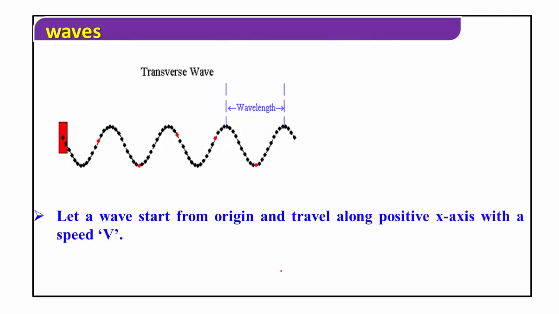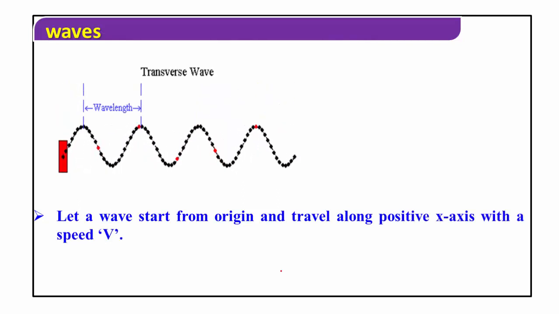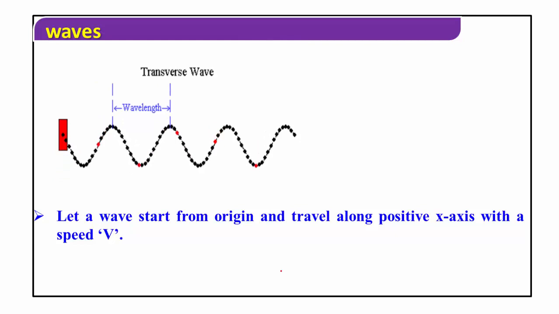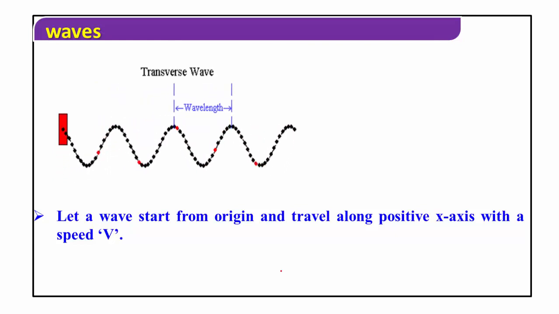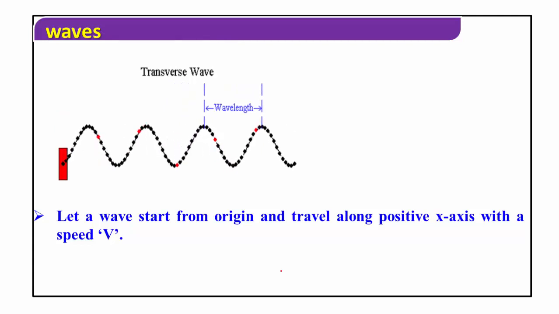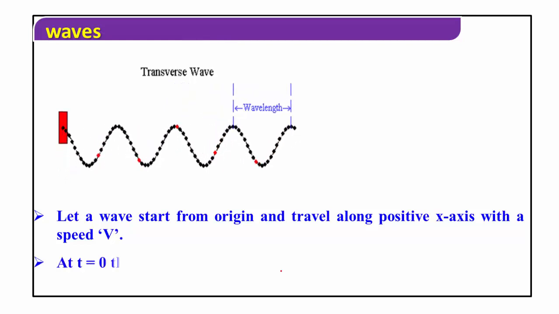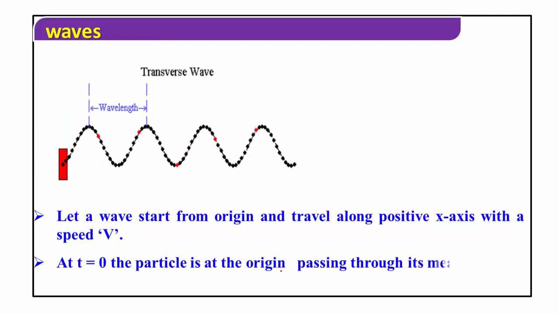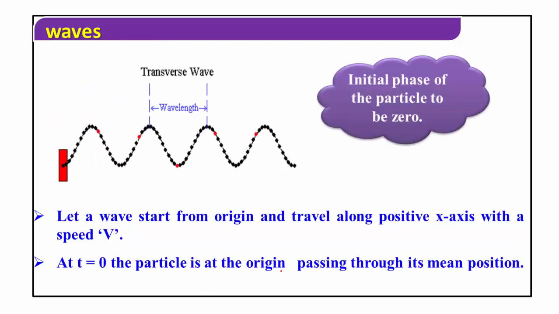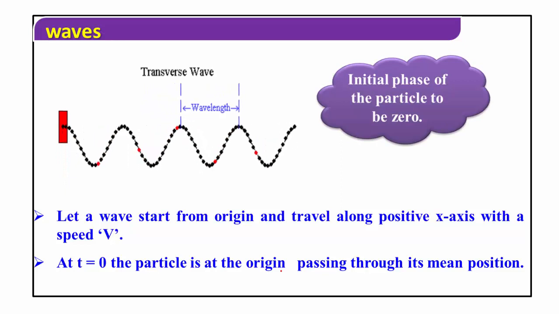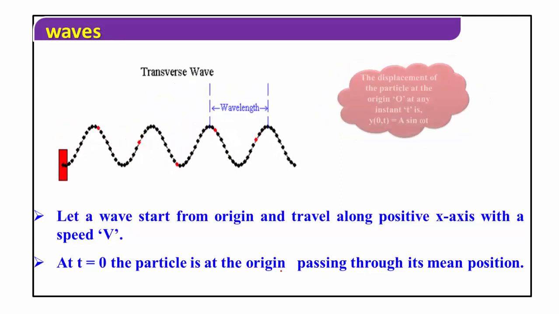Here the wave starts from the origin and travels along the positive x-axis with the speed v. When time t is equal to 0, the particle is at the origin, passing through its mean position. The initial phase of the particle is 0.